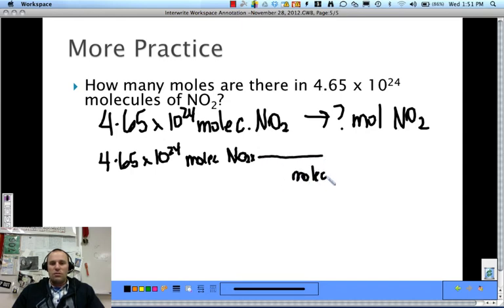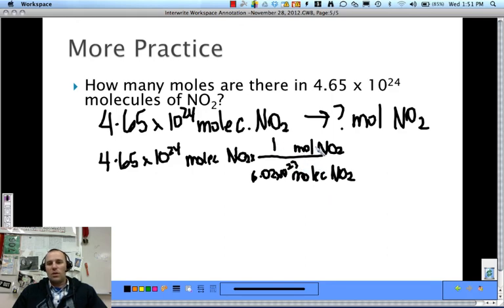We want to cancel molecules. Can I turn molecules directly into moles? The answer in this case is yes, because NO2 is a molecule. It's not a formula unit, and it's not an atom. So 1 mole of that is equal to 6.02 times 10 to the 23rd molecules.